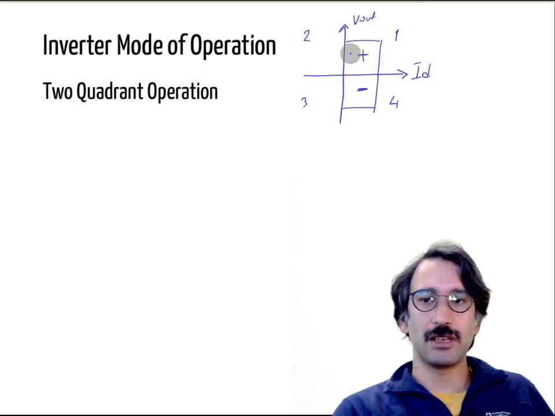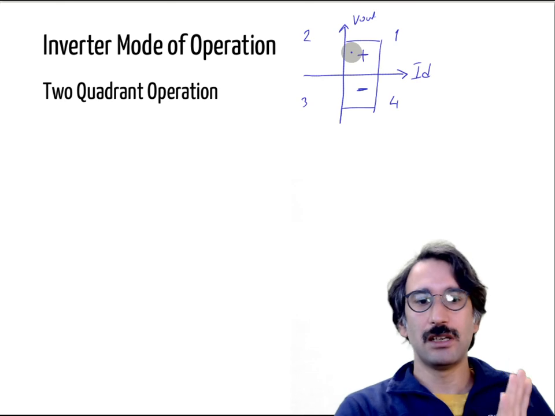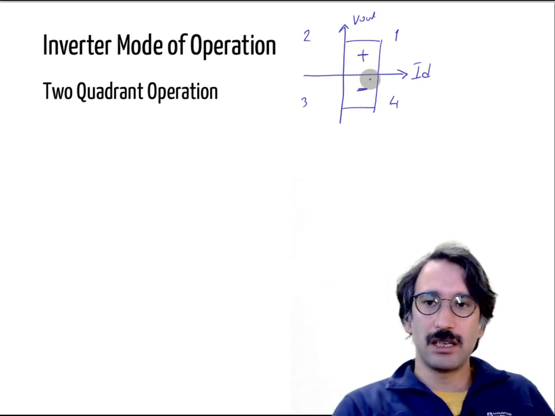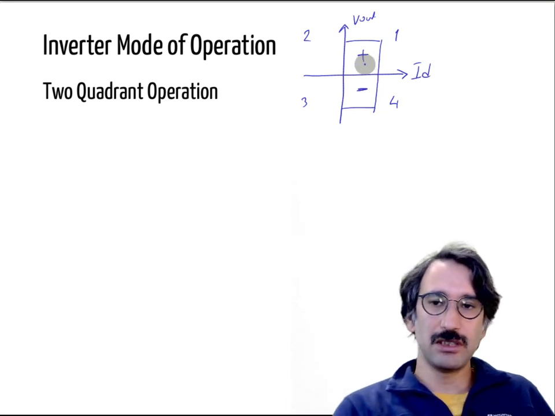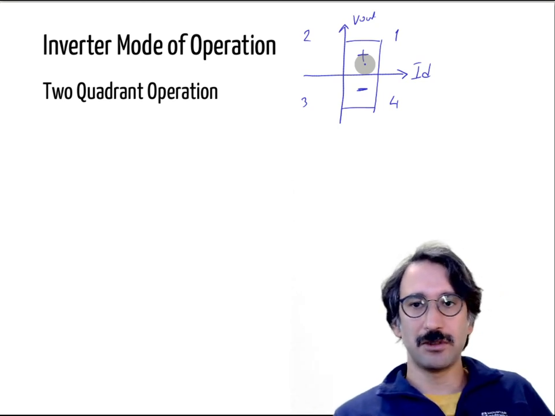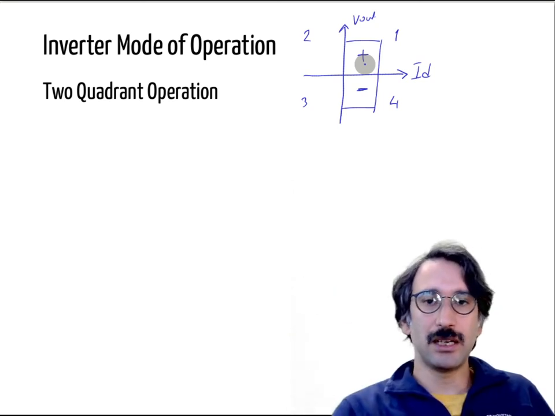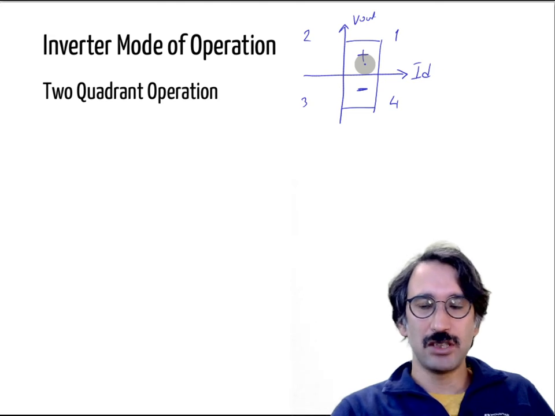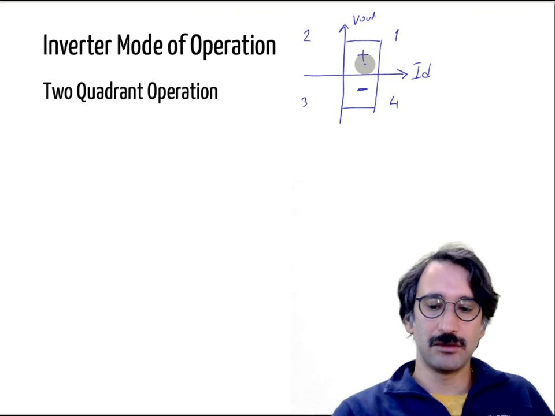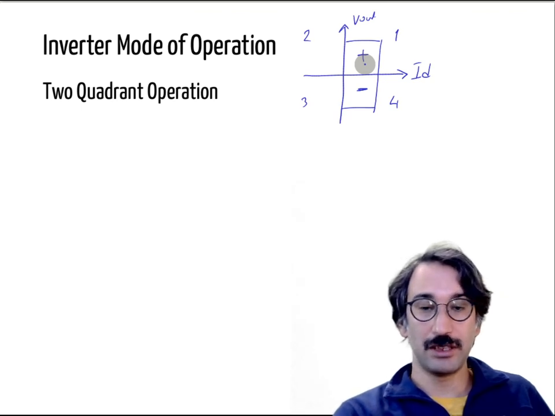When you are working in the first quadrant, voltage is positive and current is positive, so you are supplying power to your load. If you are working in the fourth quadrant, your current is still positive but the voltage is negative. That implies power is transferred from your load, which needs to be an active load like a DC machine, to the source side, the grid side.